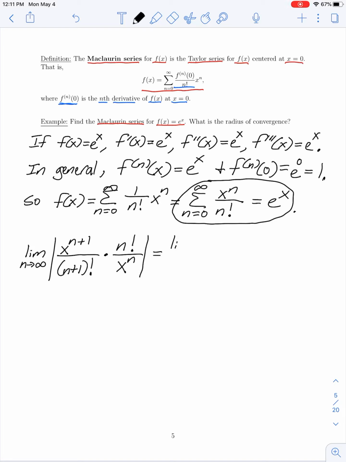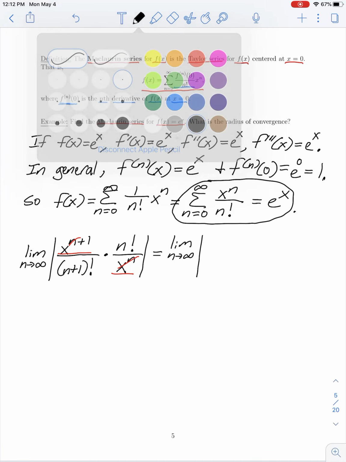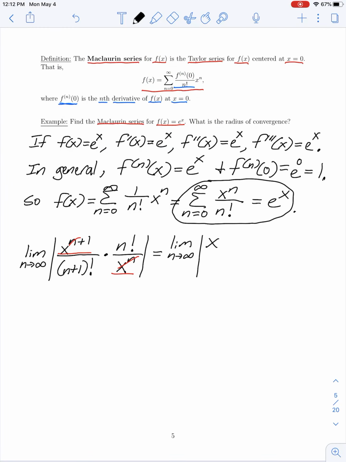So this leaves us with the limit, as n approaches infinity, of the absolute value of, well, let's see which terms we're left with. So if we start with our x to the n plus 1 over x to the n, we can cancel n factors of x, and that leaves us with x to the first in our numerator.